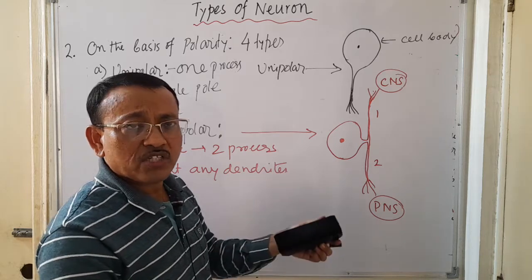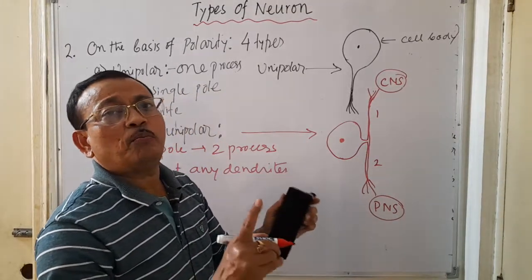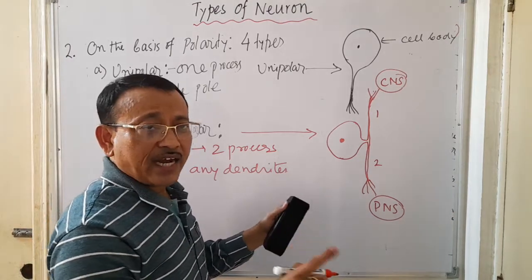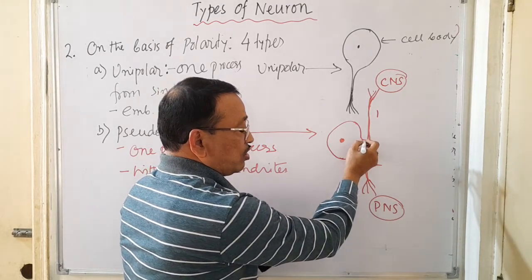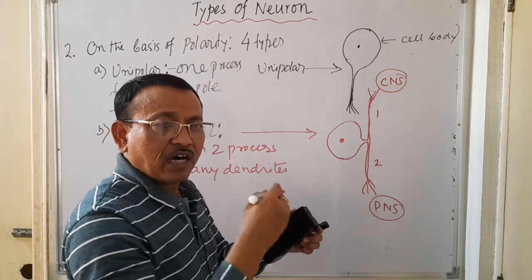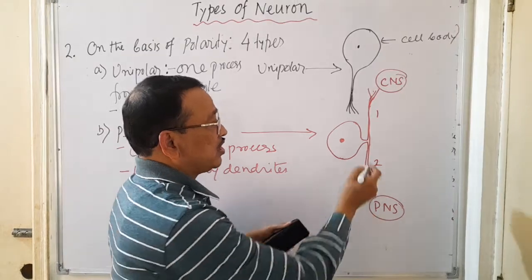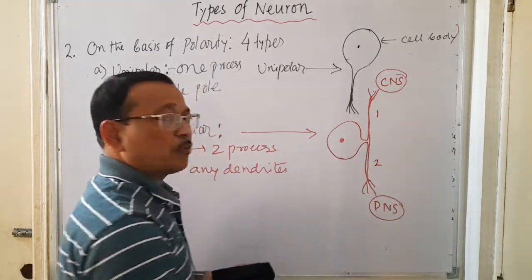But it is not like that. From a single part of the cell, a single branch appears, and within a very short distance it gives rise to two branches.